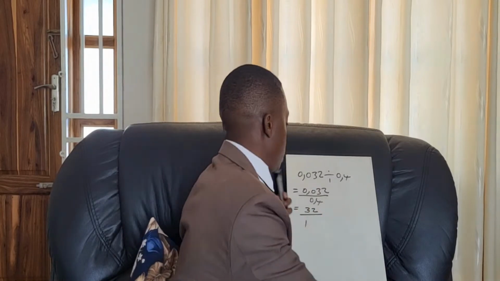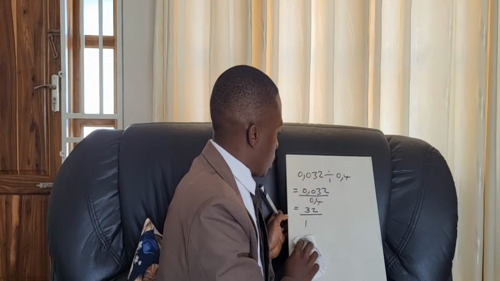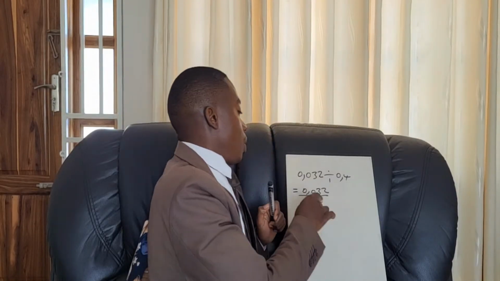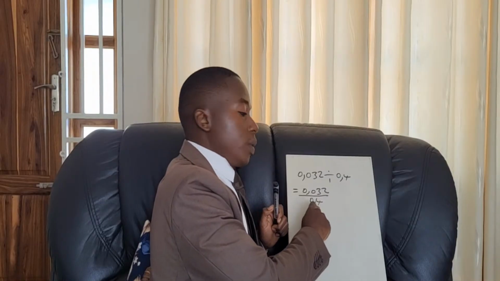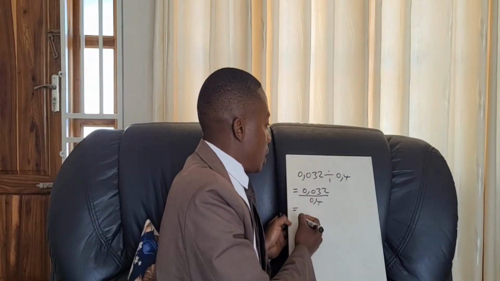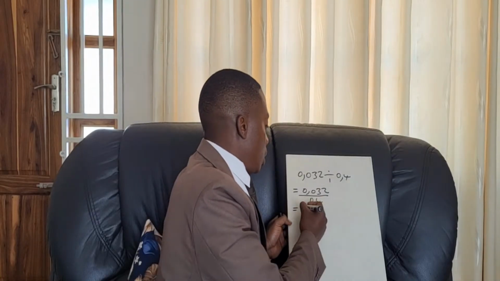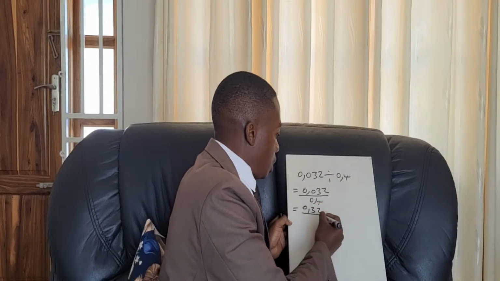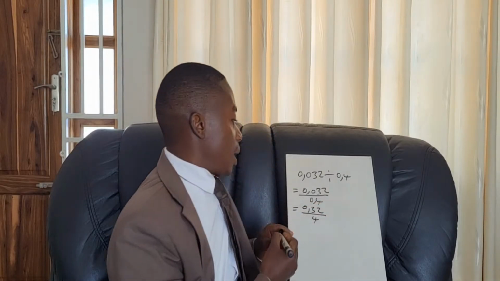Or anyways, let us do what is simple. Let's remove this comma, and remove this comma by multiplying by 10. So that's 0,32 divided by 4, like this.